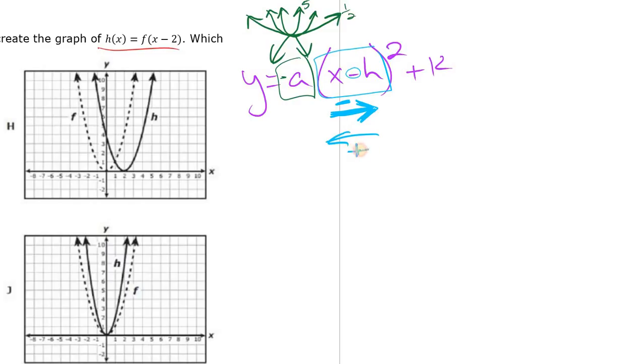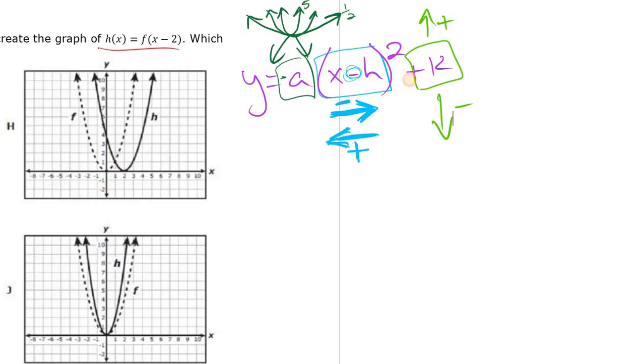If it's positive in the parentheses, that's making it move to the left. So whatever's in the parentheses makes it move left or right. And then what does this number at the end do? The k, that's what shifts it up or down, and that's logical, like what we think of. Up is positive and down is negative.